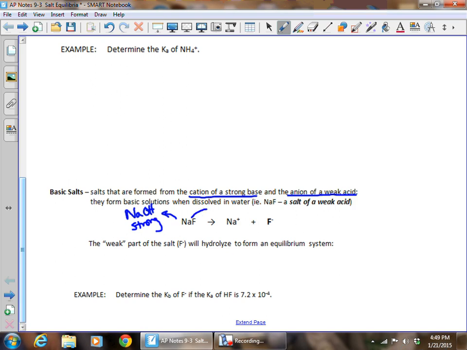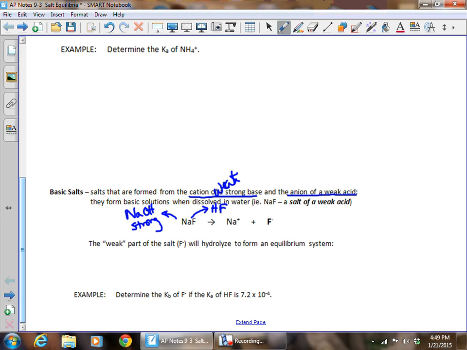Our parent acid is HF, and remember HF, hydrofluoric acid, is the only hydrohalic acid that is weak. HCl, HBr, HI, they are all strong, but this one is weak. So since we have a strong base parent, this is going to be a basic salt.